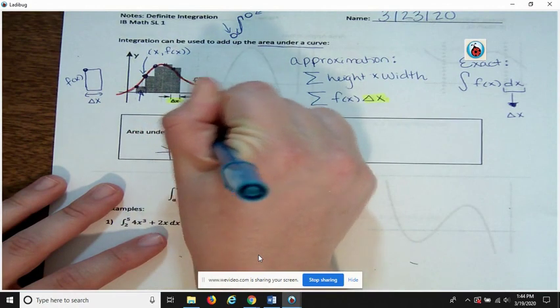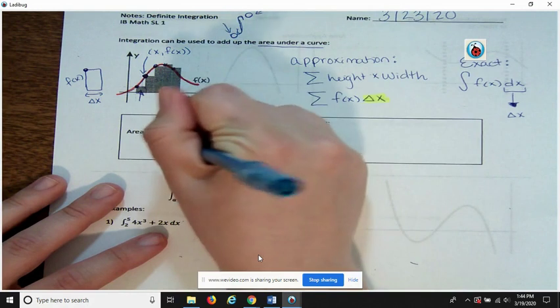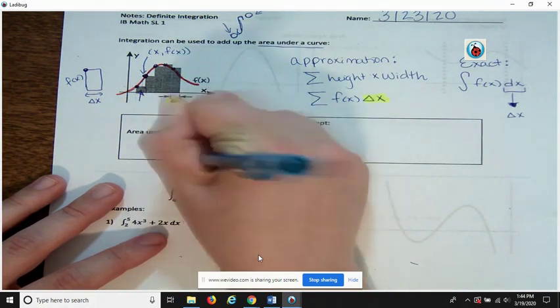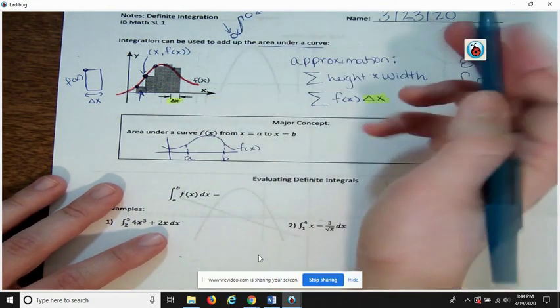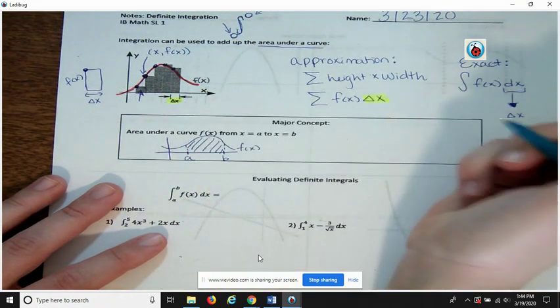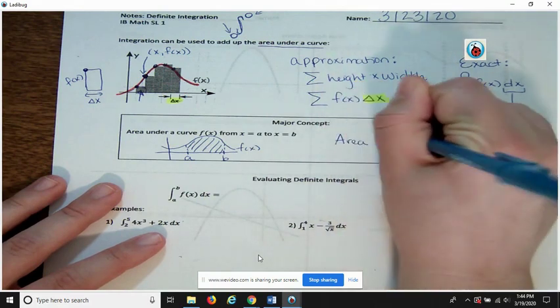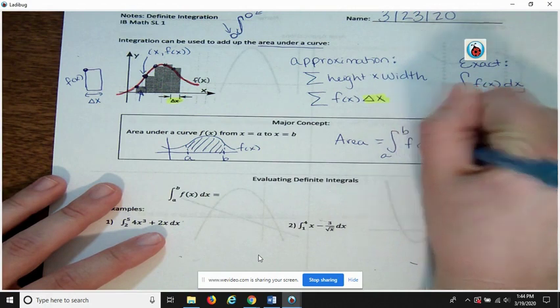We're taking our curve f of x and we're mapping two x values down, a to b. These will be our little limits that go here and here. And we're trying to find the area between those points underneath that curve. So our area is going to be equal to the integral from a to b of f of x dx.